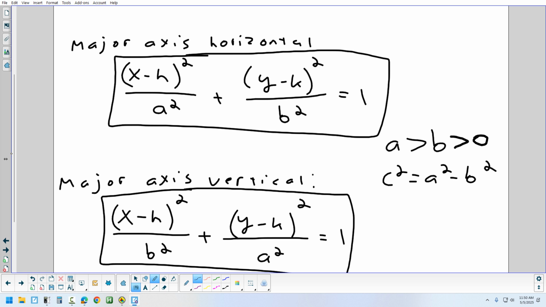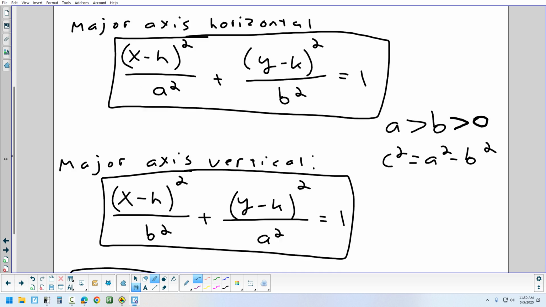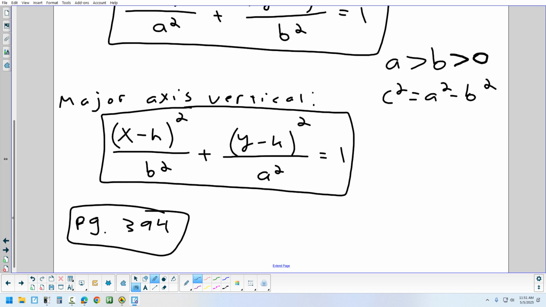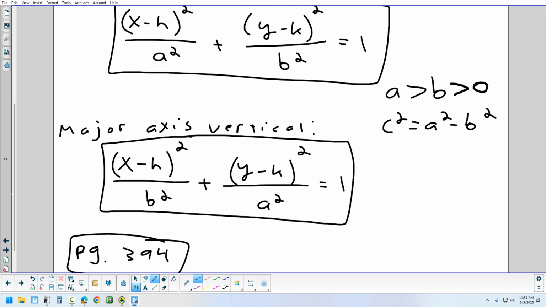In the first one, because the bigger number is a, and that's under the x, that means the major axis goes on the horizontal. The second one, I put the bigger number under the y. That's going to make the major axis go vertical. Now, if you look in the book, there's a whole table that gives you all these formulas for how you can figure out the vertices, but you don't really need to memorize anything.